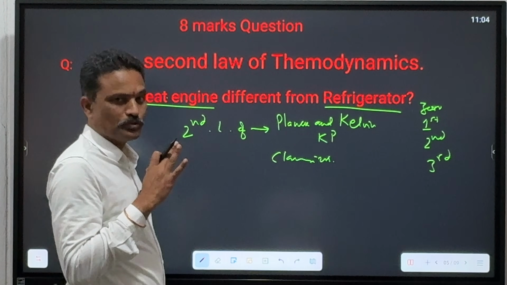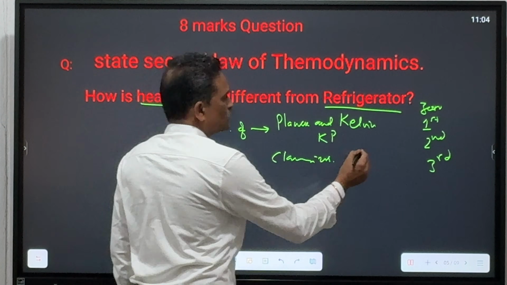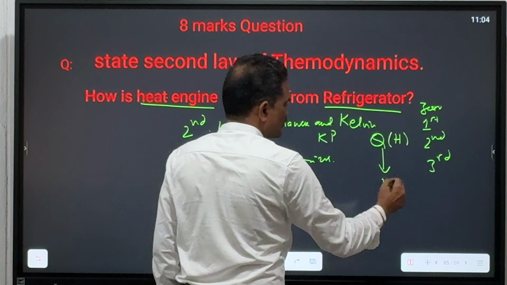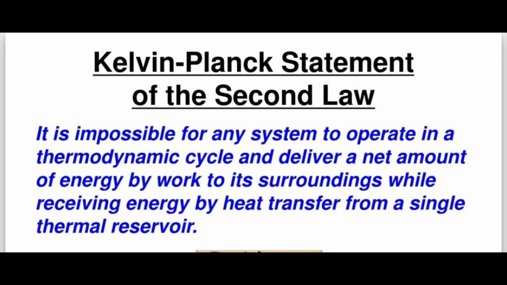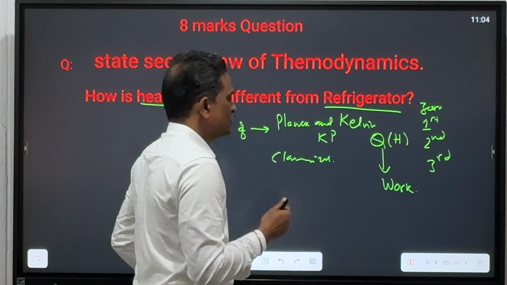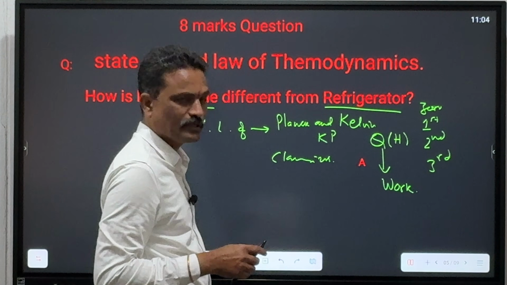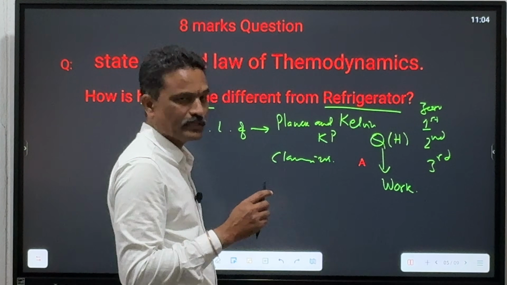In nature, there is no process in which total heat can be converted into total work. By doing any process, it is impossible to convert the total heat energy into total work. But the reverse is possible. Total work can be converted into total heat energy.